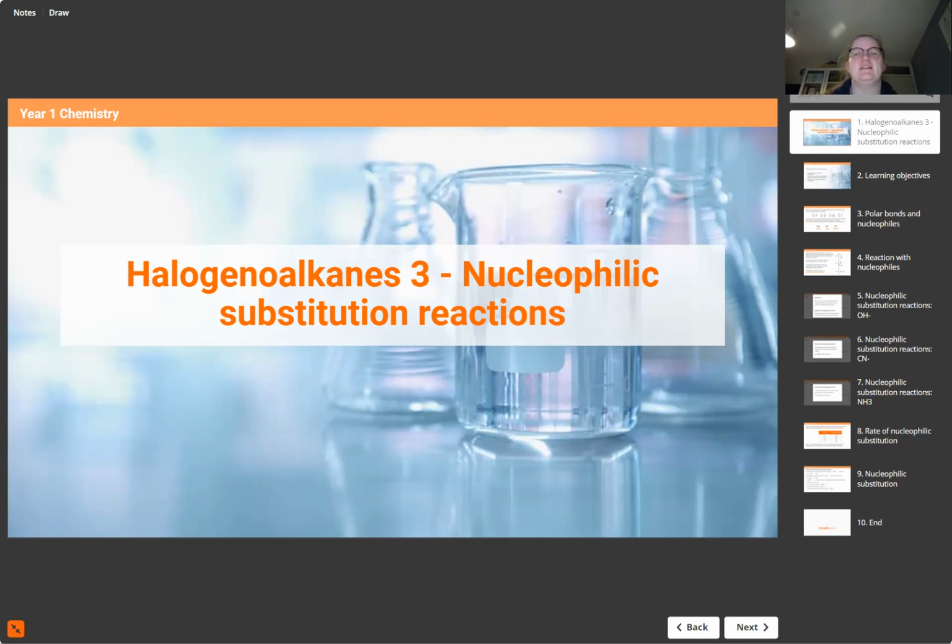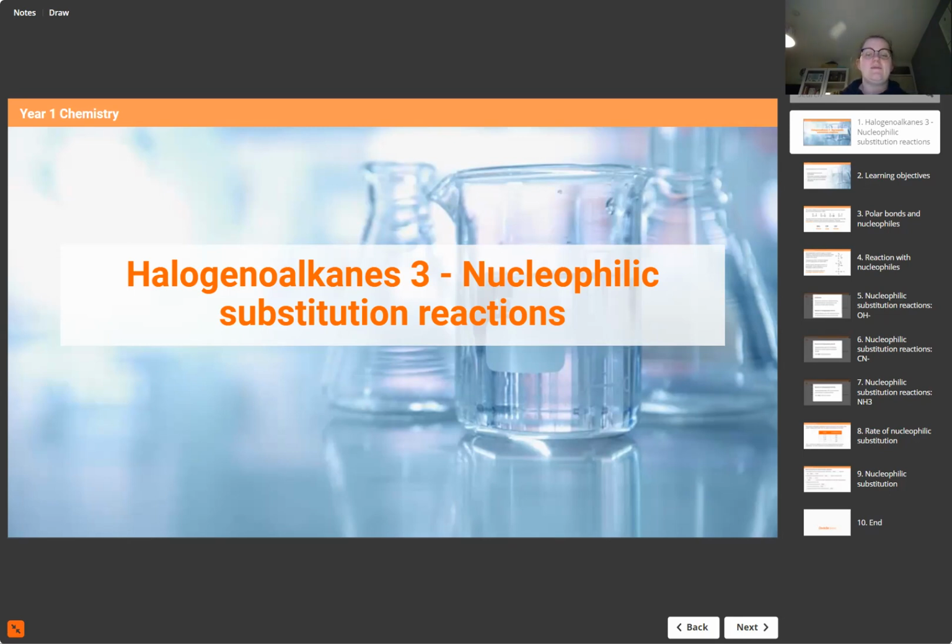Our halogen is attached to an aliphatic skeleton, which has an alkyl group on it. And we said haloalkanes can either be primary, secondary, or tertiary, depending on how many other R groups, alkyl groups, are attached to the carbon that the halogen is attached to.